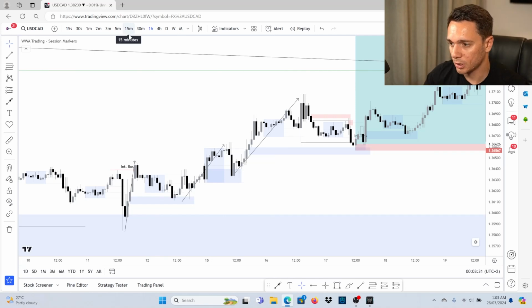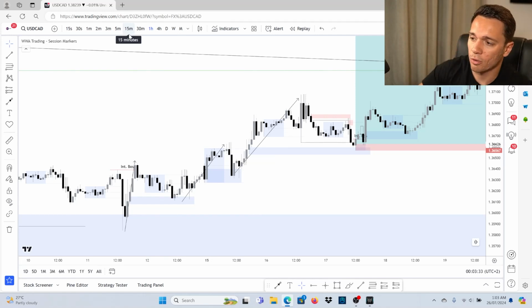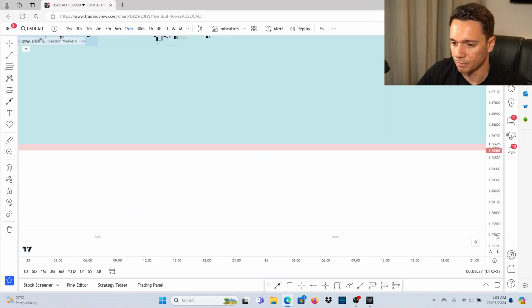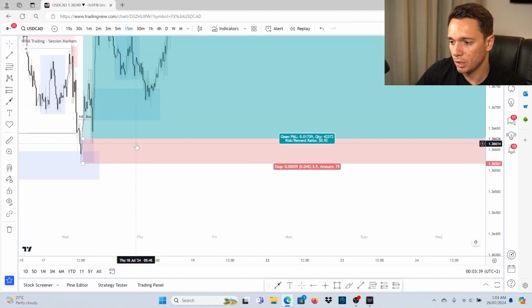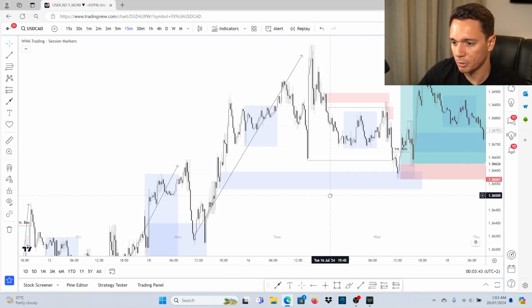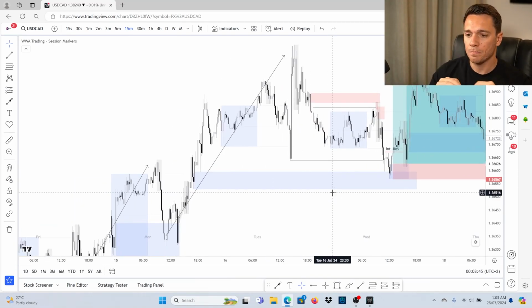So now, very important, our third confirmation is going to be how to read M15. What we are going to be looking at in this time frame is understanding change of character, or change of momentum.